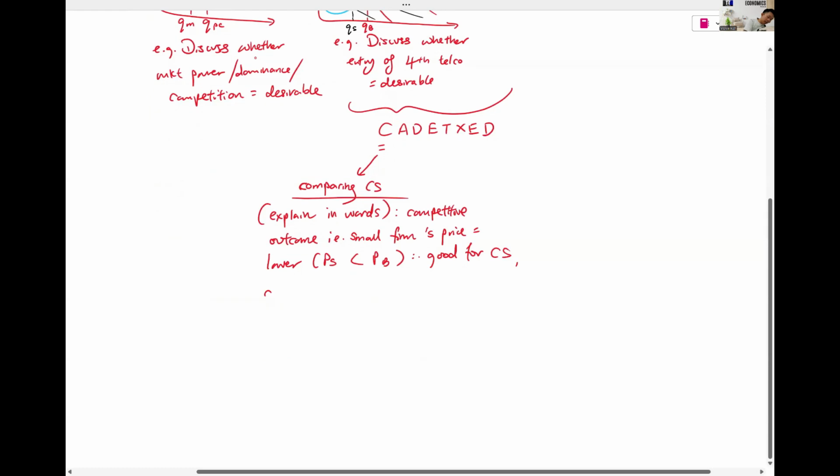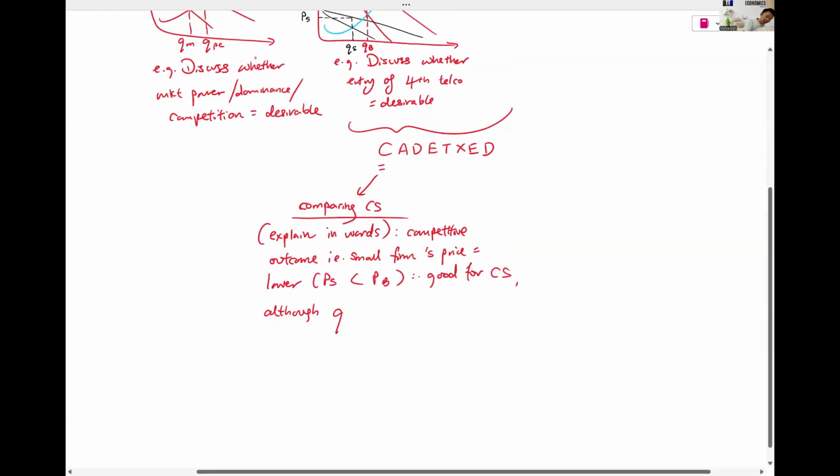But, or rather, although QS is less than QB, naturally, right? The small firm produces less than the big firm. Although this is the case, there are more of the smaller firms in the entire market.